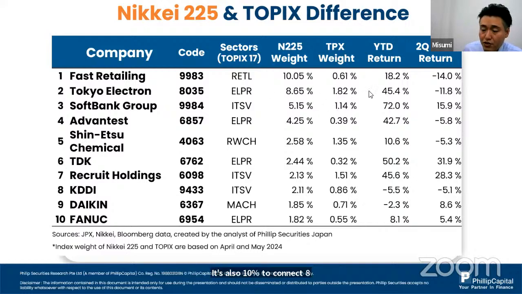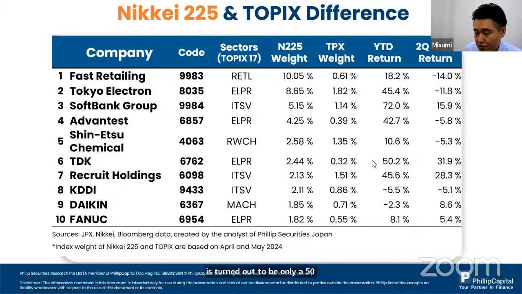In the first quarter of 2024, it was like winner picking. But in the second quarter, these stocks are not performing well. The YTD return is 72%, but over two quarters SoftBank turned out to be only 50.19%.